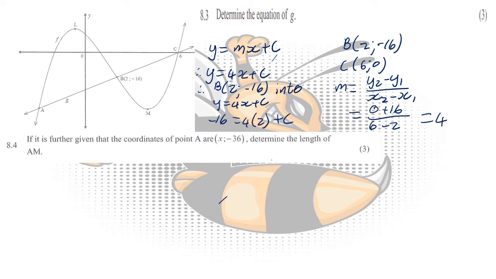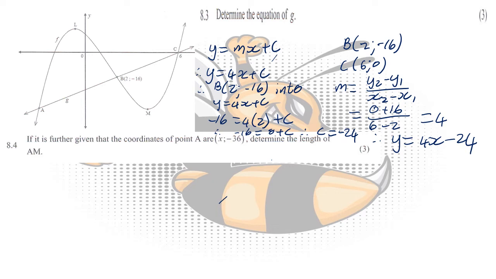Then it gives me that -16 equals 8 plus c. Therefore, c will just be equal to -24. Therefore, the equation of the straight line is y equals 4x minus 24.